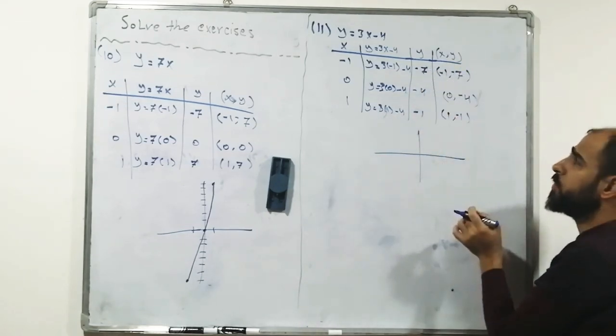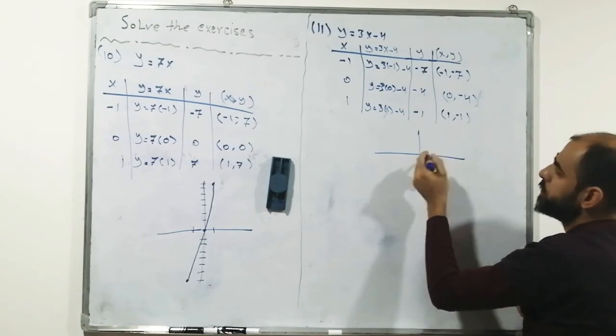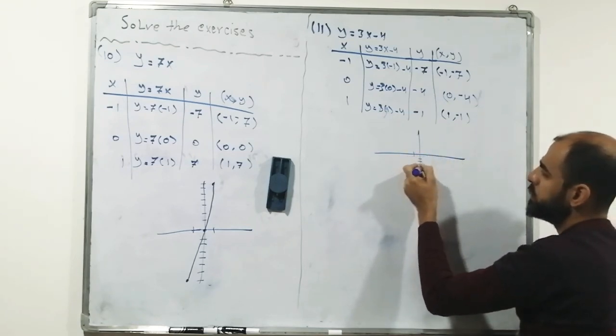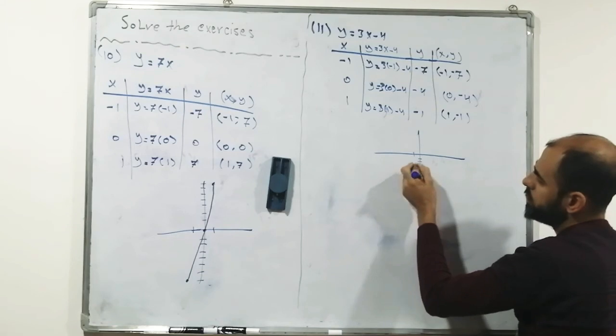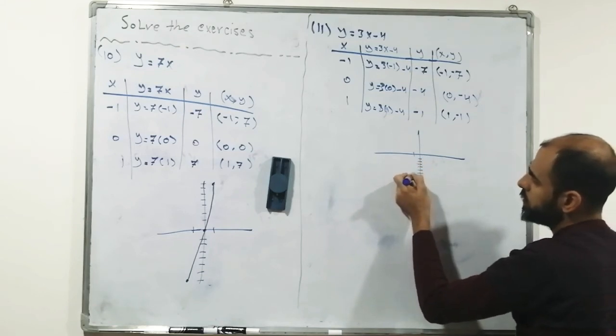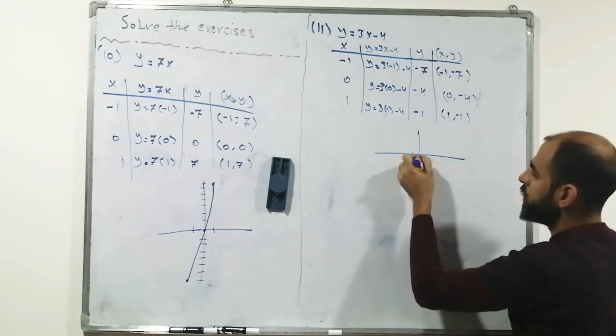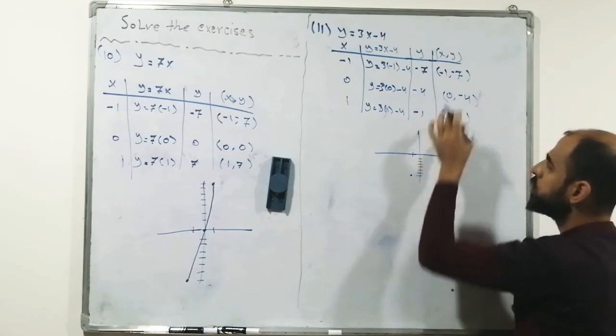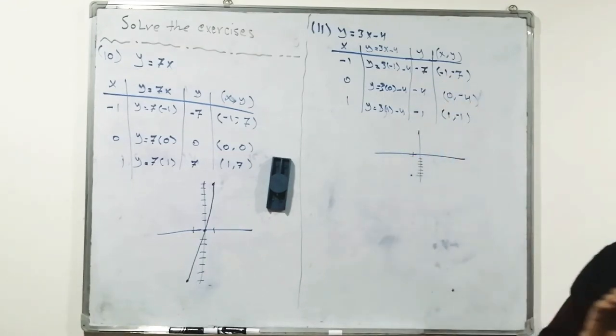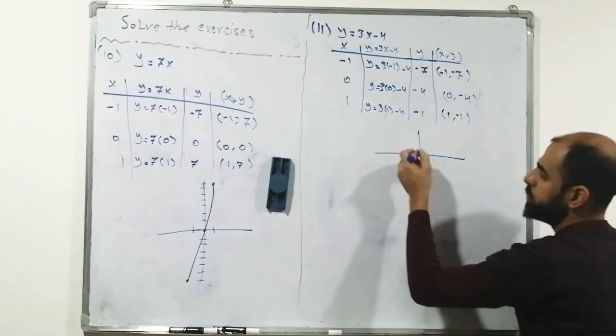Now determine the points in the coordinate plane. (-1, -7): this is the first point. And (0, -4): the value of x is 0, that means we will go neither to the left nor to the right.